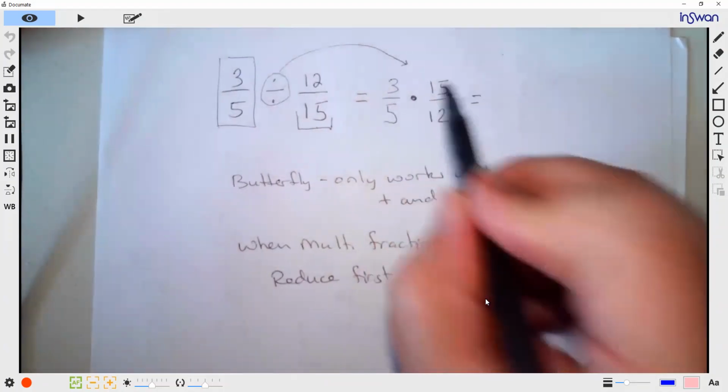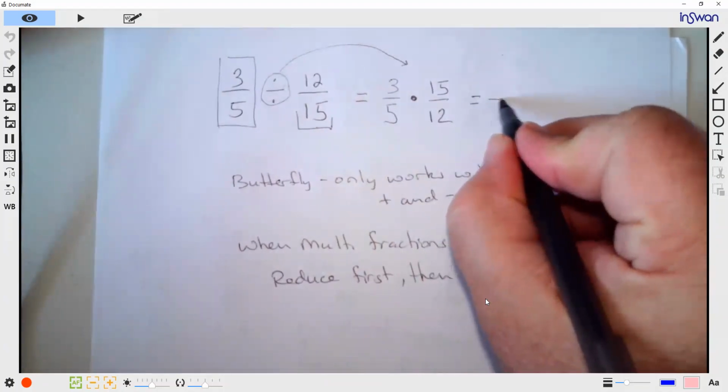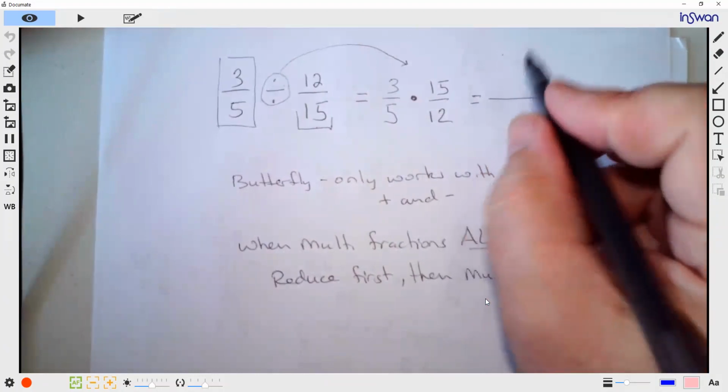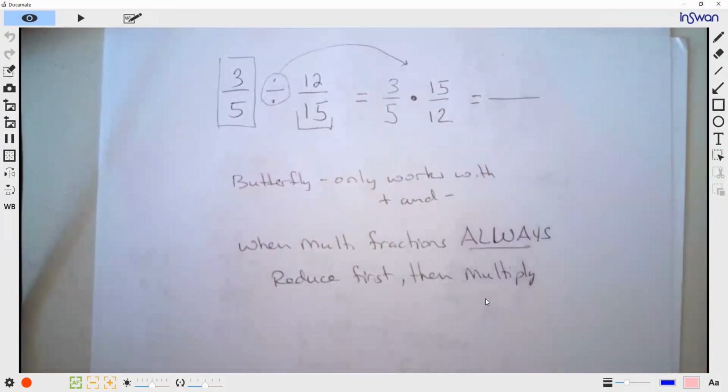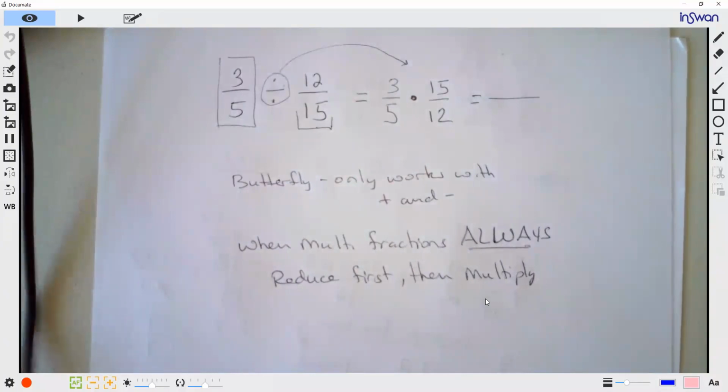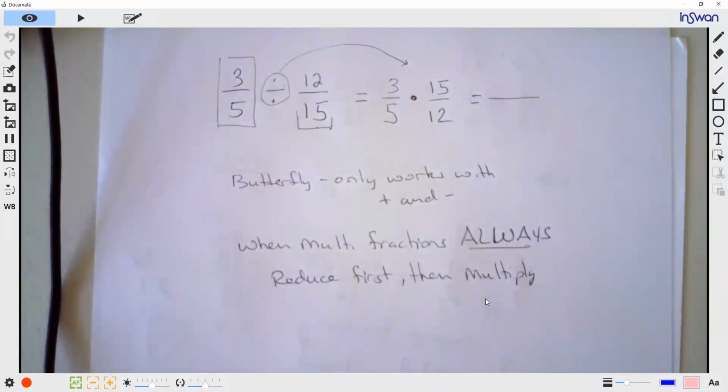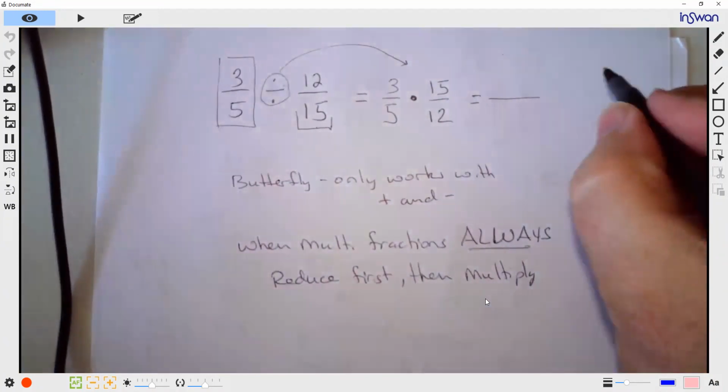Okay, if you're going to do 3 times 15, what would that equal? 315. No, 3 times 1 is 3. I'm not sure.